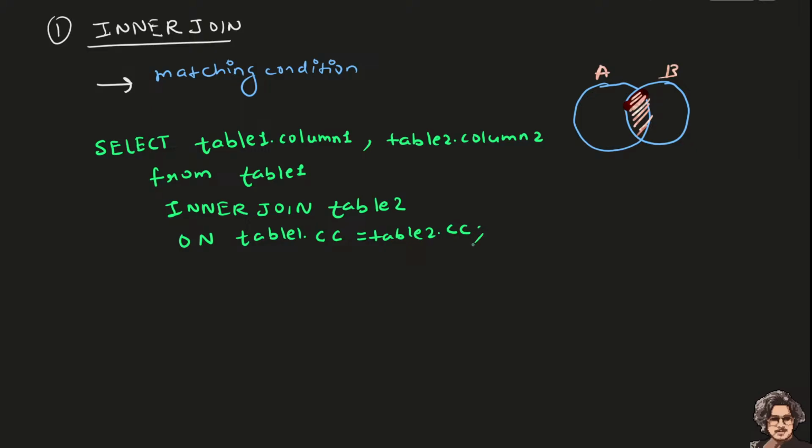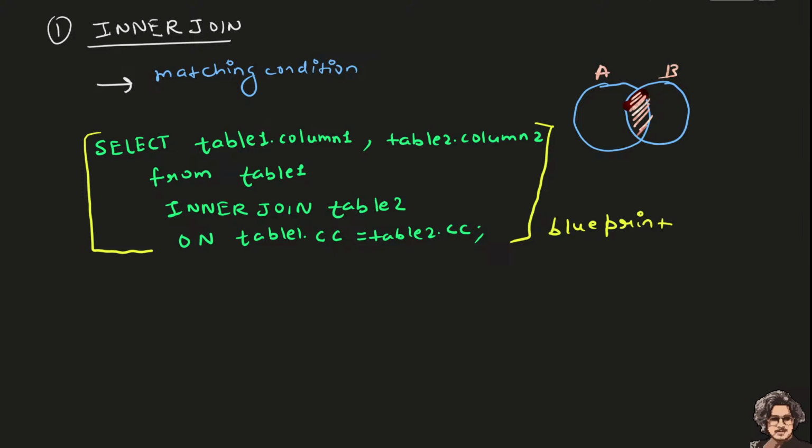So this is the structure of the code for the inner join. This is the blueprint for how we write the inner join.